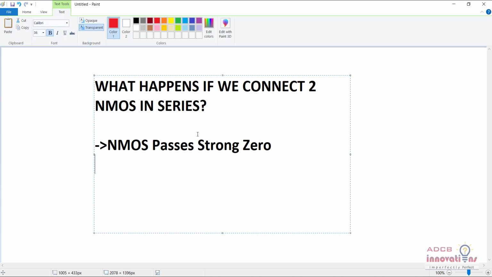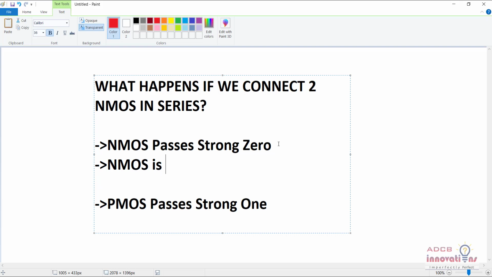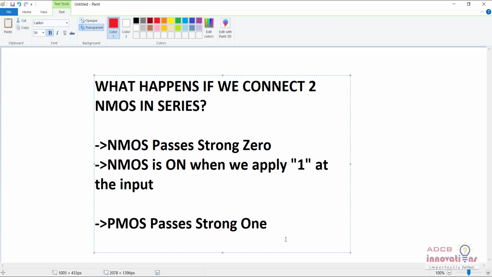However, it is not able to pass strong 1, and PMOS passes strong 1. One more thing I want to emphasize is that NMOS is on when we apply 1 at the input, and PMOS is on when we apply logic 0 at the input.